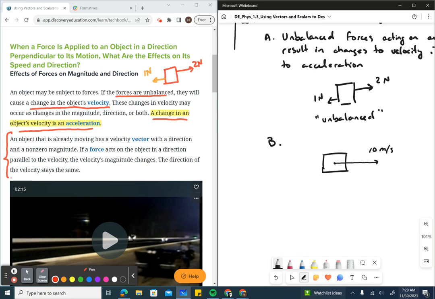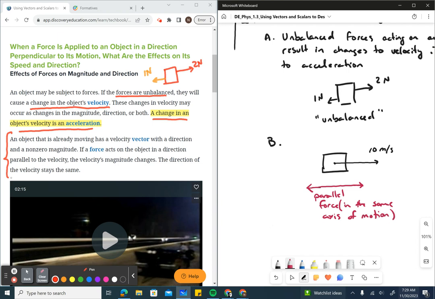And then something comes in and either moves it to the right or to the left, a parallel force in the same axis of motion.